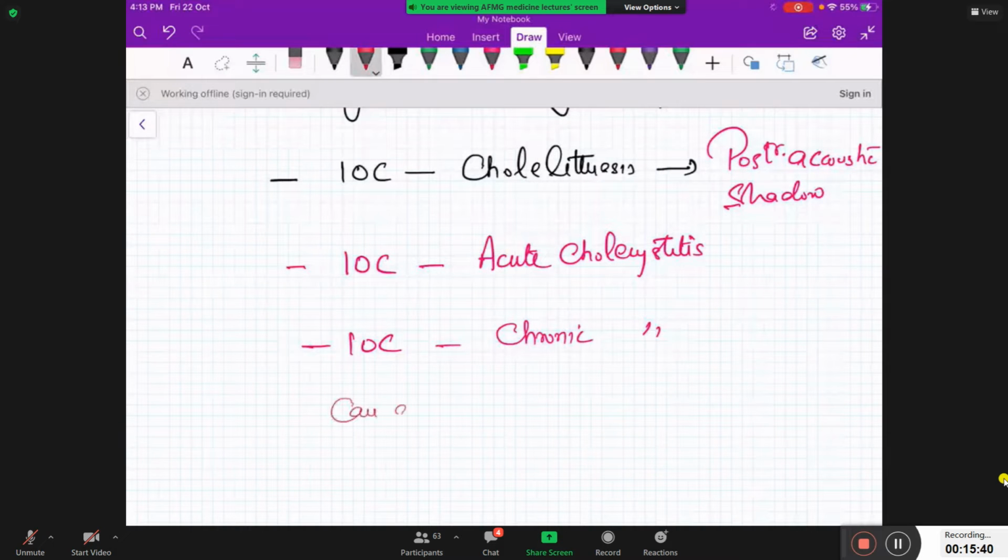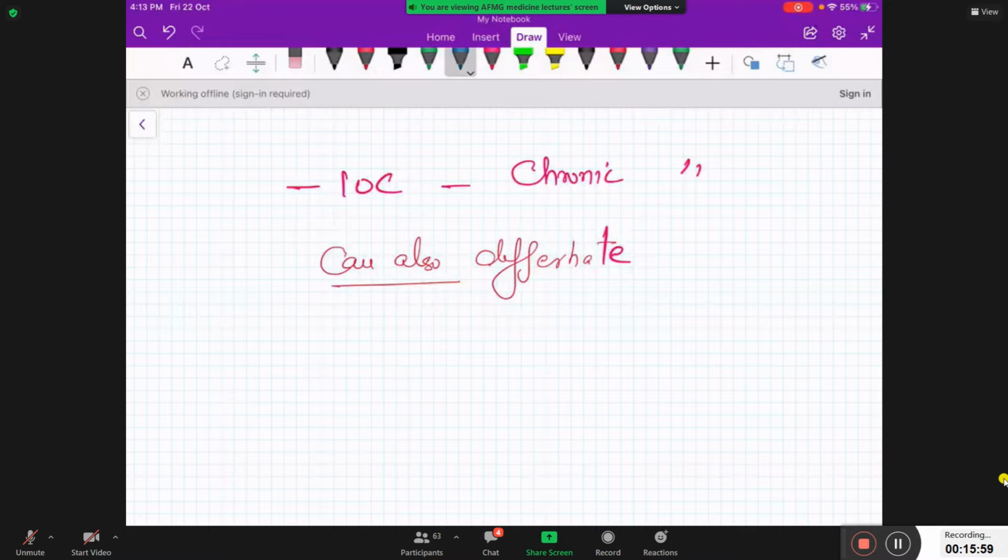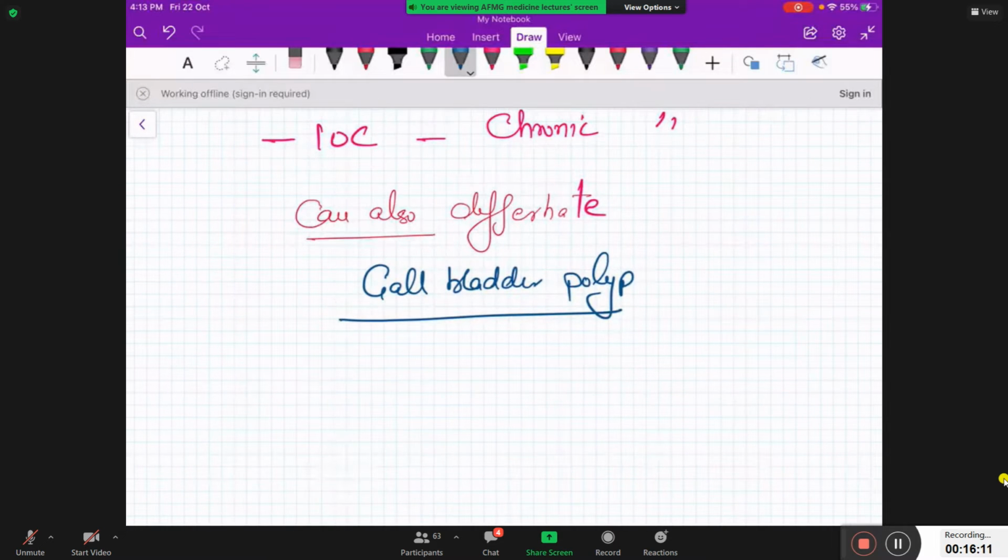And it can also differentiate gallbladder polyp and sometimes carcinoma gallbladder also.